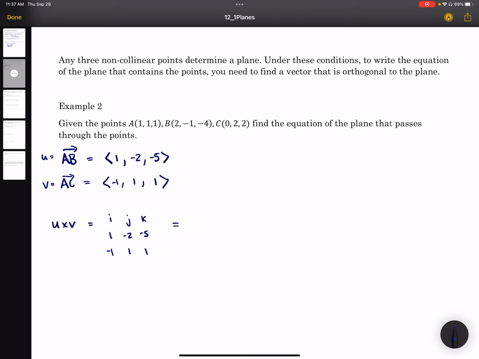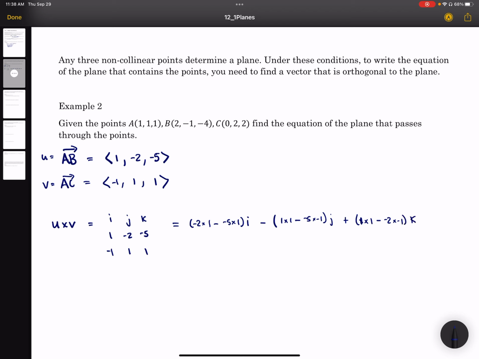And so for I, we're going to get negative 2 times 1 minus negative 5 times 1, I, minus, then for J, we're going to get 1 times 1 minus negative 5 times negative 1, J, and then plus for K, we're going to get 1 times 1 minus negative 2 times negative 1, K.